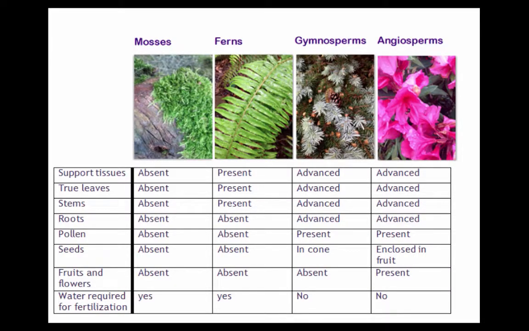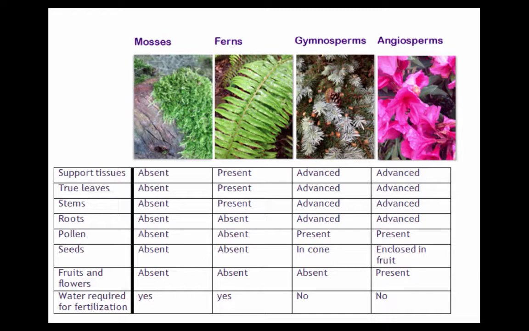Okay, so coming back to this picture again, ferns have those supporting tissues. Yes, they do, but look, they don't have fruits and flowers, and they still require water to get fertilized. So I'm not going to go into detail about the fern life cycle. You can take Botany 101 if you were interested in that.